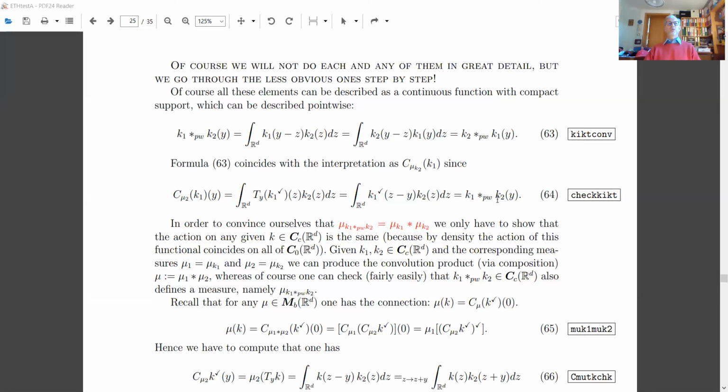But this is the pointwise. So by this one-line proof, we have seen that you can take a measure, take a density, turn it into a functional and apply the mu k2 on the k1, and it's exactly a function which you could get directly by pointwise multiplication.